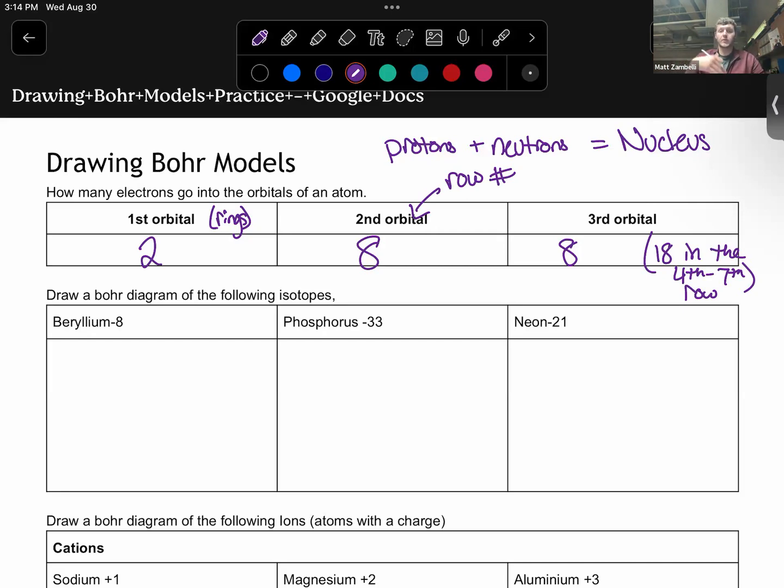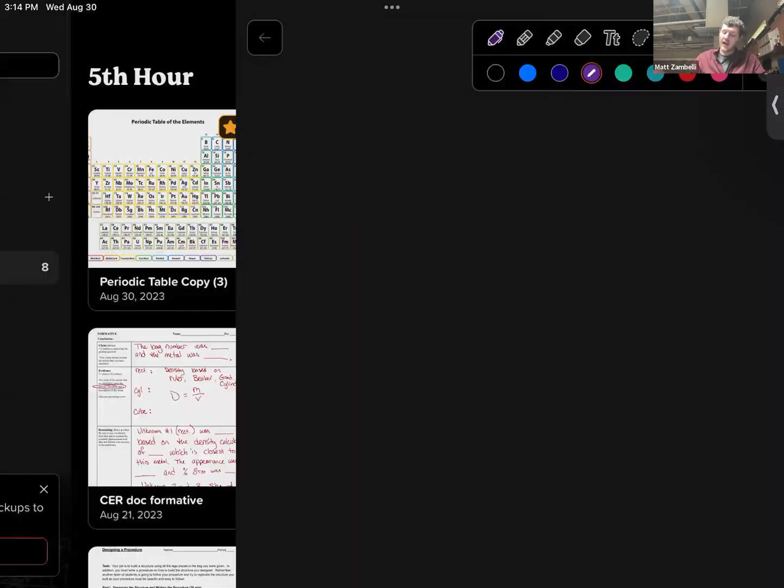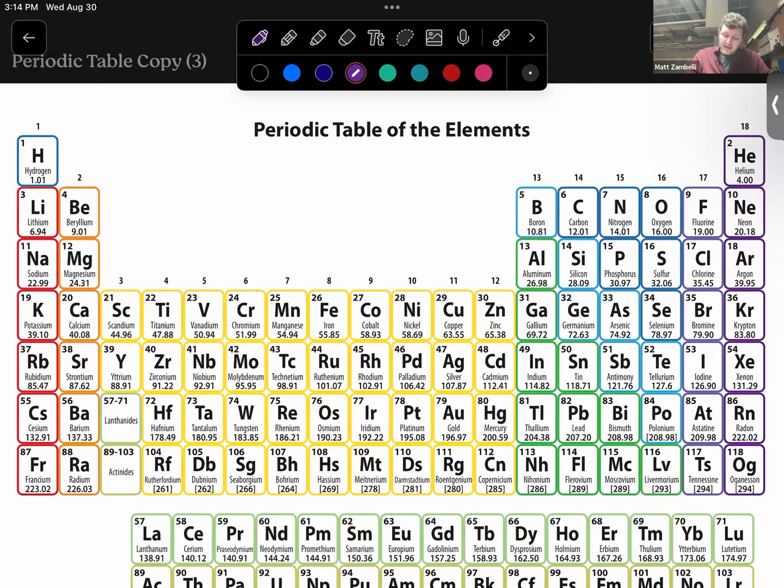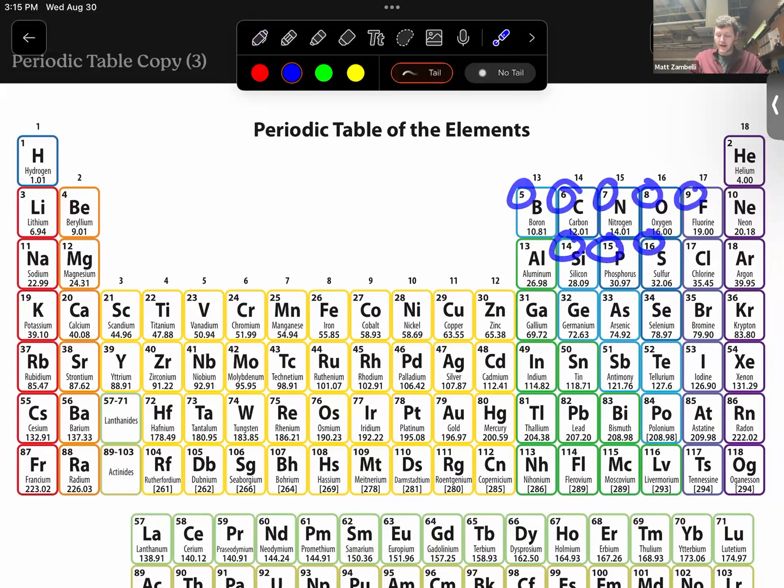Now, our protons. Our proton number is the easiest one to find because our protons are on the periodic table. If we look at our periodic table that you should have just gotten today, you can see that there are numbers in the top, usually in the top left or top middle of your periodic table.